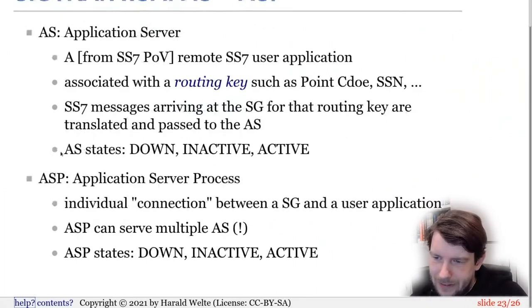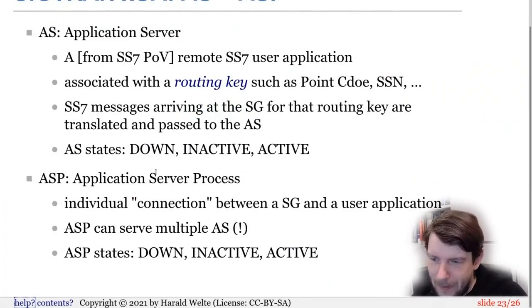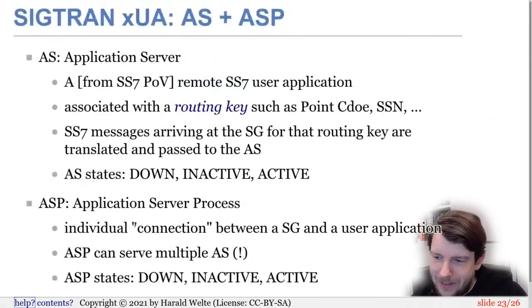And next to application servers, we have so-called application server processes, ASPs. Now, each ASP is an individual connection between a signaling gateway and a user application. It becomes interesting in that it's not that one AS has multiple ASPs, it's the other way around. Every ASP can serve multiple ASs.